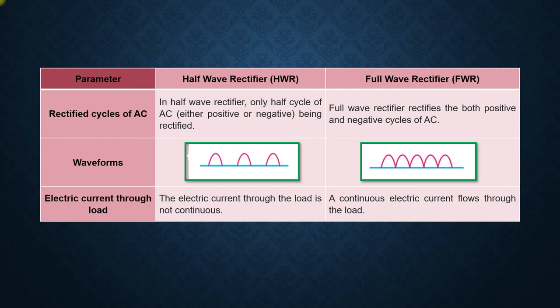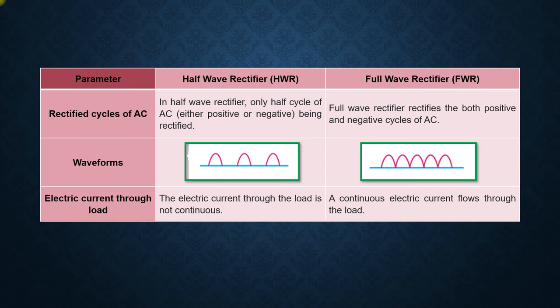Coming to electric current through load. The electric current through the load is not continuous in a half wave rectifier. If it is a positive half wave rectifier, whenever the negative cycle is coming you get zero current, and vice versa. Whenever you use a negative half wave rectifier, whenever the positive half is coming, at that time you experience zero current.